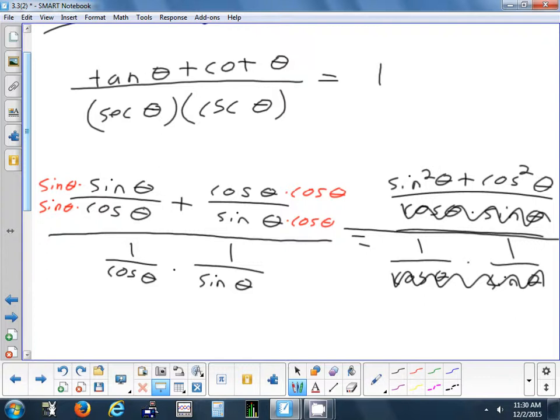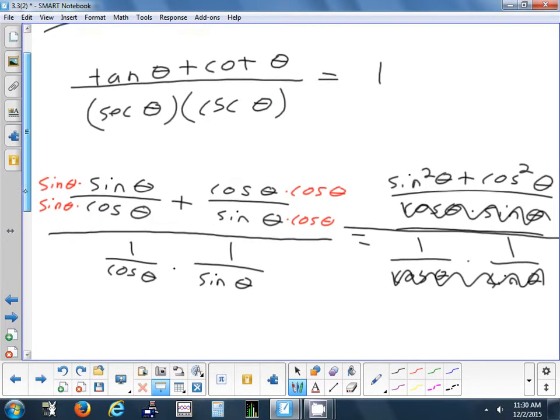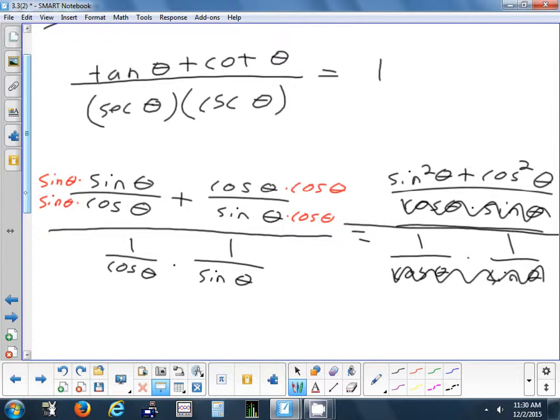Okay, anything else we can simplify? The top equals 1, so it's 1 divided by 1. What's sine squared plus cosine squared? 1. Okay, so our final answer, we're left with 1 divided by, what's 1 times 1? 1.